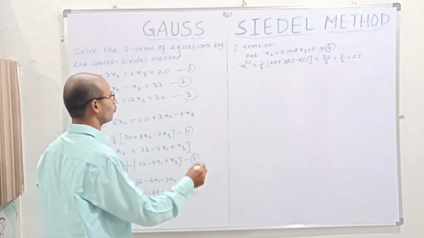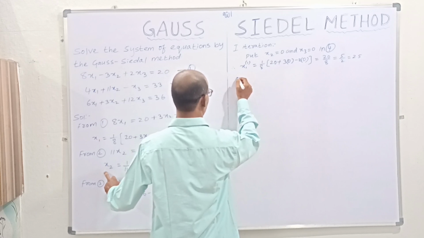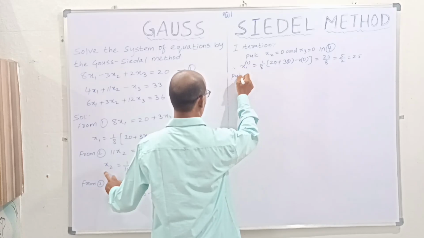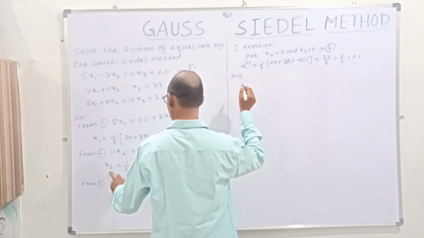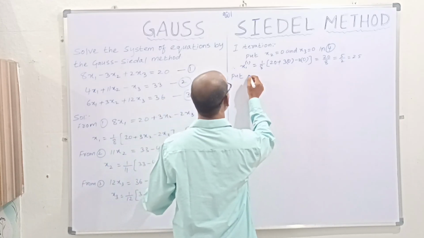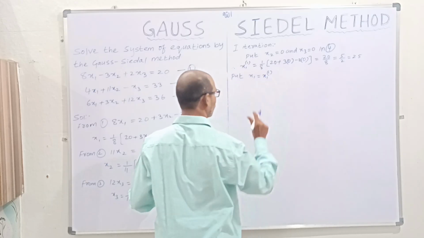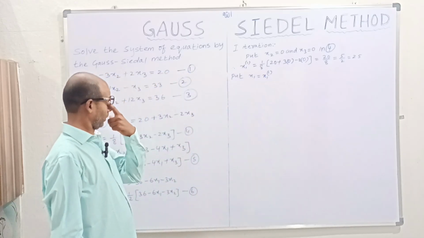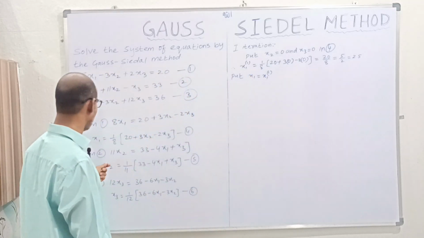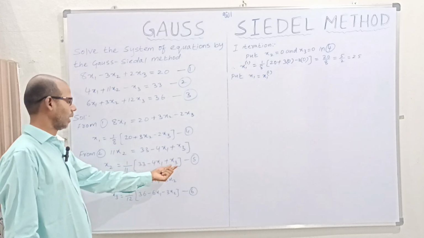Now, to find the first iteration of x2, you have to use the found value of x1 from the first iteration. To find x2, we use equation number 5 and substitute x1 and x3.